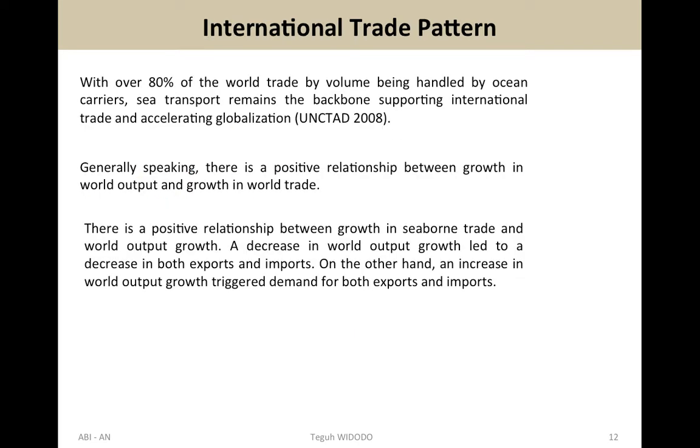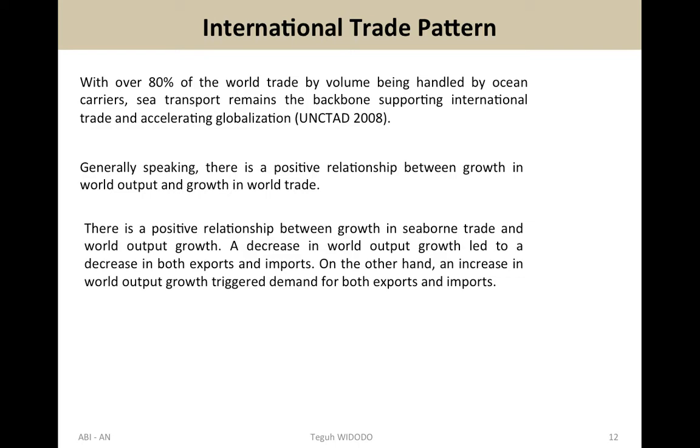In the subchapter about international trade pattern, we can know that with over 80% of world trade by volume being handled by ocean carriers, sea transport remains the backbone, supporting international trade and accelerating globalization, following UNCTAD 2008.